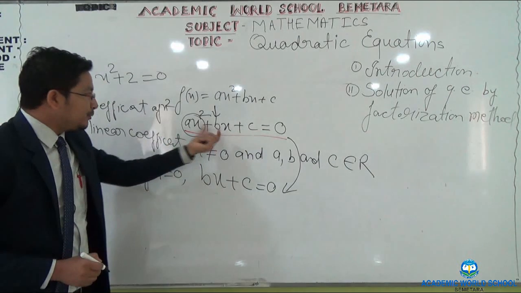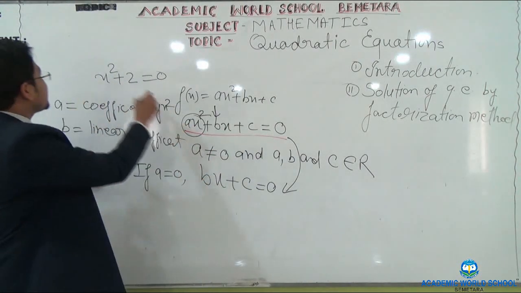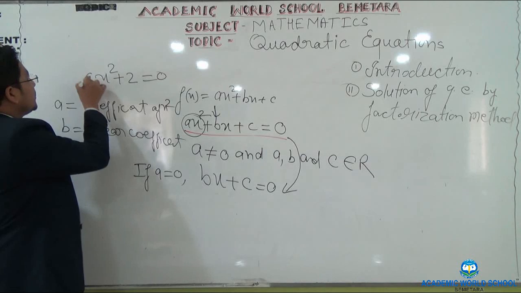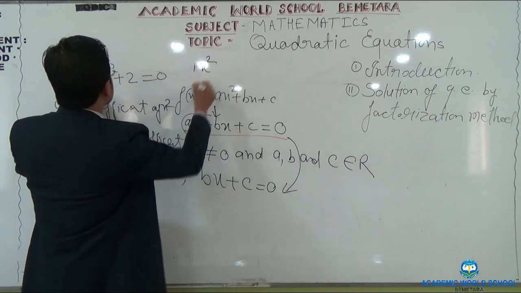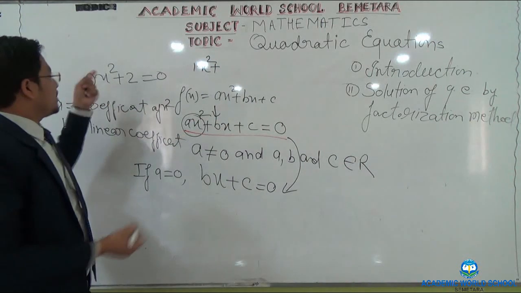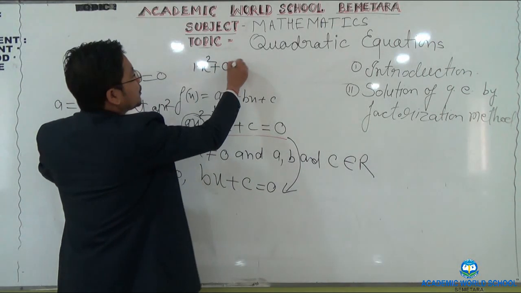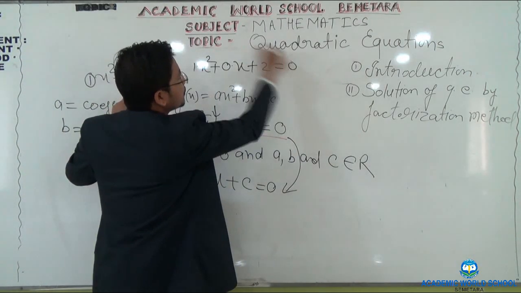So if I ask you whether it is a quadratic equation, what we have to do is follow this format. Here, what is a? The coefficient of x square is 1 here. So this is 1 into x square plus, the x term is not there, so it means 0x, and then plus 2 is equal to 0.